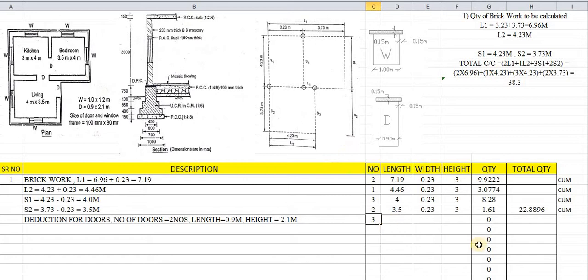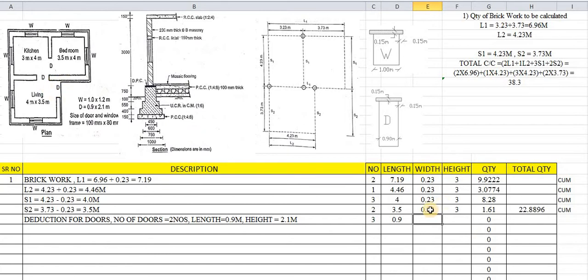The length of one door is 0.9. What about the width? The width will be the same as the width of the brickwork, because we are deducting from the brickwork. The same width is to be deducted for doors and windows.